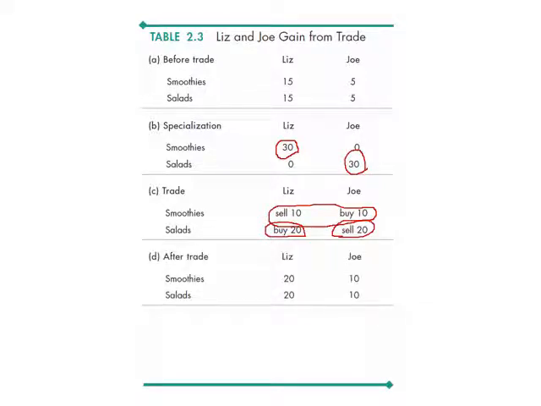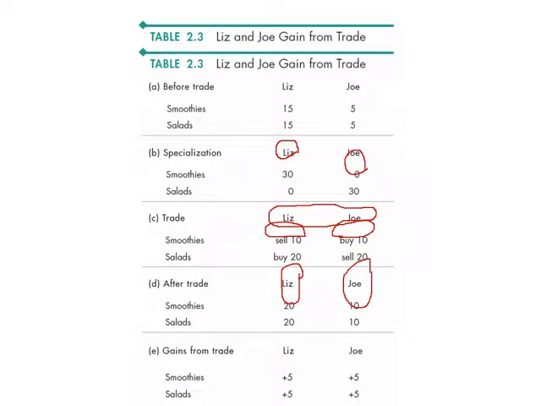So what happens after trade is that Liz has 20 units of each commodity, while Joe has 10 units of each commodity. So now, to compute the gains from trade, let's compare the situation before and after trade. Before trade, as we have seen earlier, Liz has 15 units of each commodity, but now she has 20.